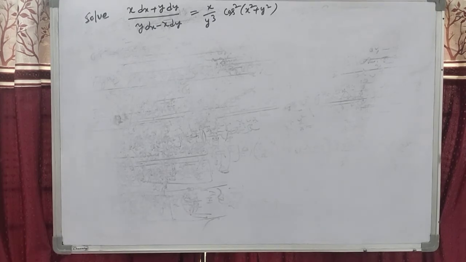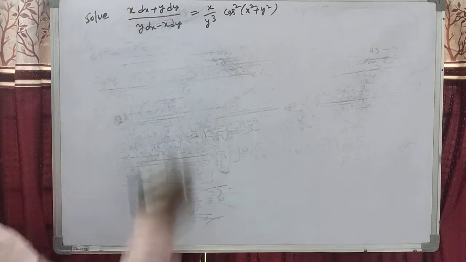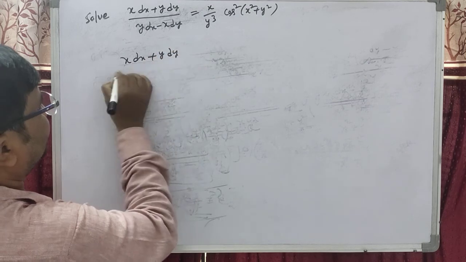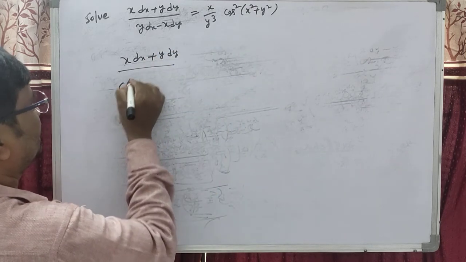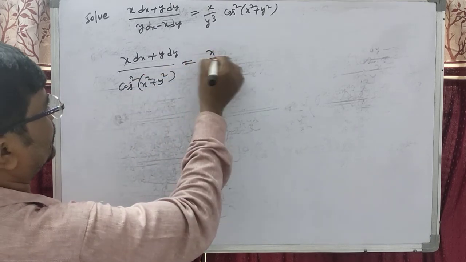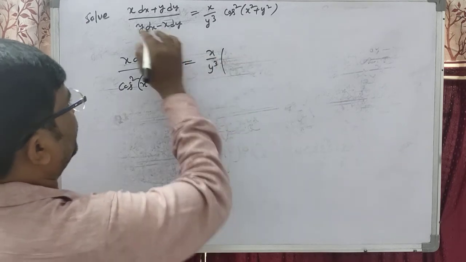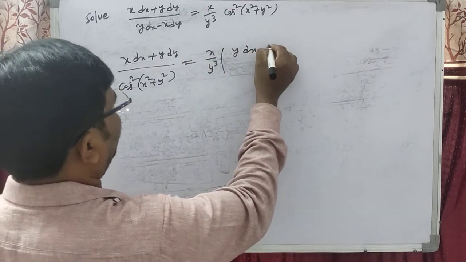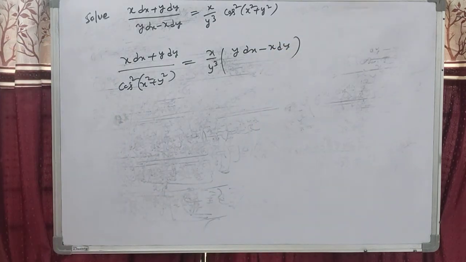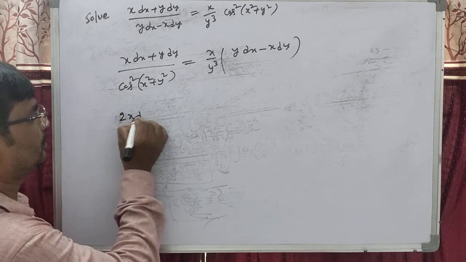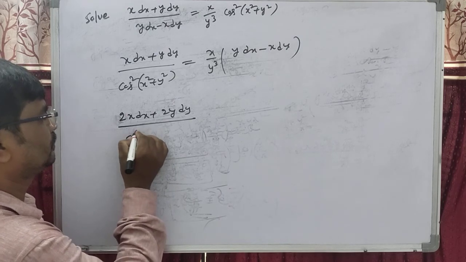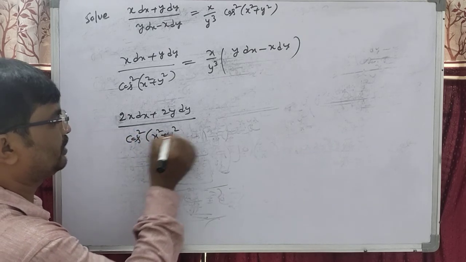My dear students, so x dx plus y dy is there. Now the cos square of x square plus y square is there, and xy cube. This we send to the other side, y dx minus x dy. So we can take 2x dx plus 2y dy upon cos square of x square plus y square.